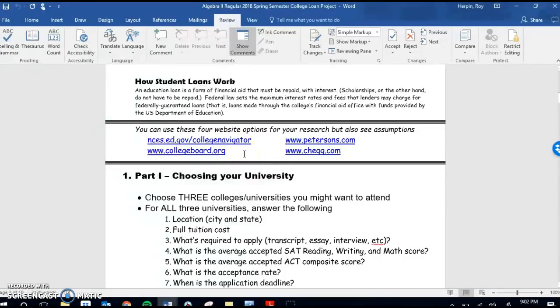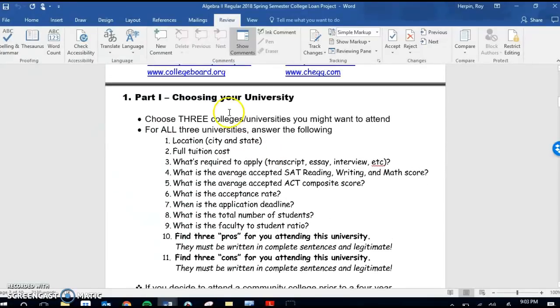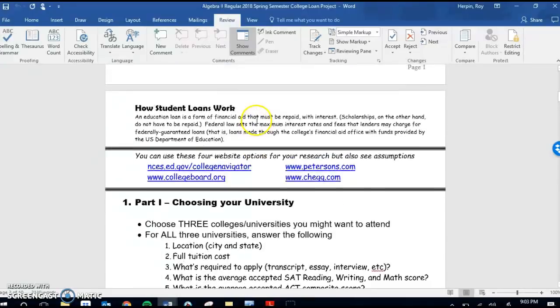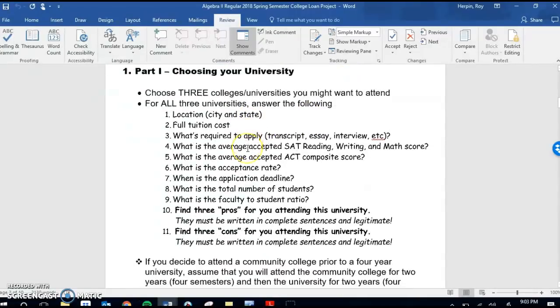So the first part is the research part that I was talking to you guys about. The first thing is you're going to choose some schools. So you're going to choose 3 colleges or universities that you want to attend. For each of the 3, you have to answer all 11 of these questions.